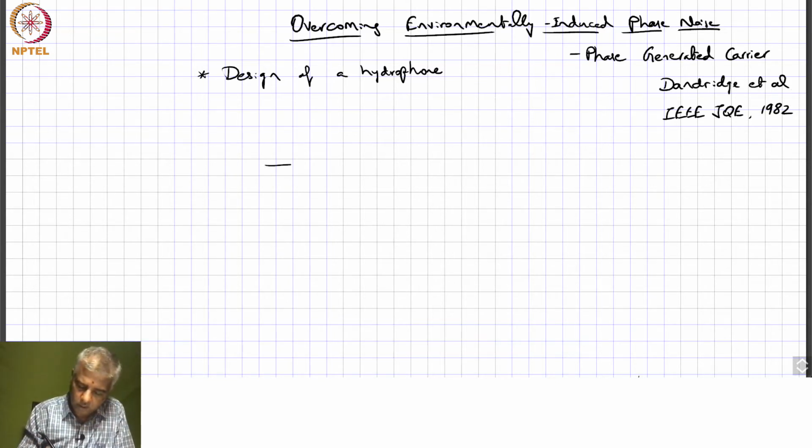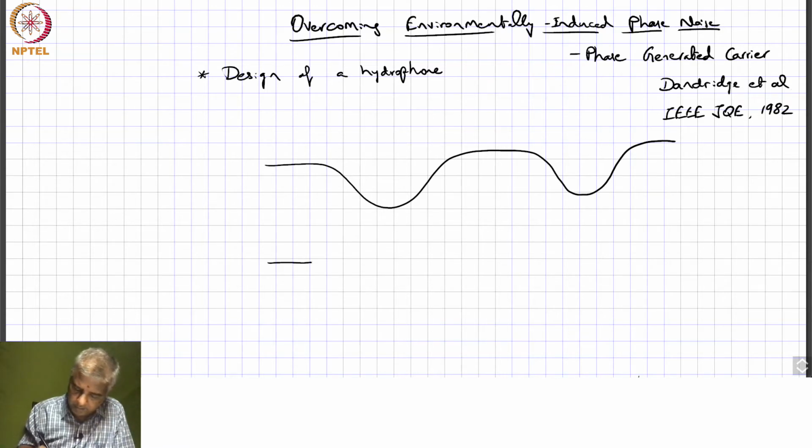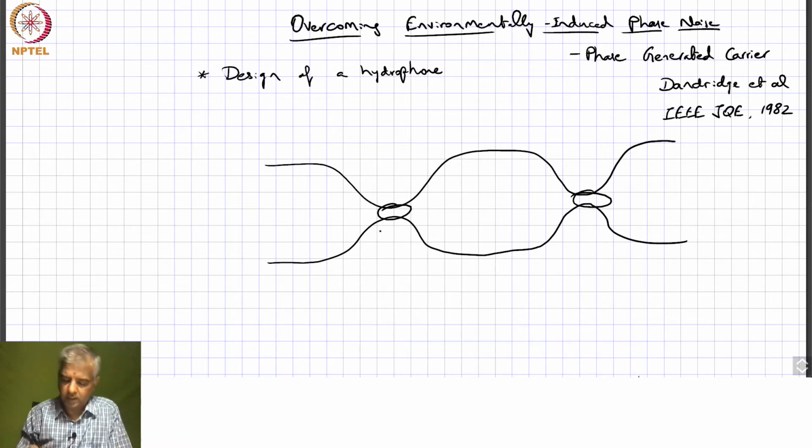Well, you have basically two couplers that are cascaded, one coupler here and another coupler here. Let's say this is once again a 50-50 coupler, and this is also a 50-50 coupler. So whatever light intensity arrives at this point is split in equal parts to the upper arm and the lower arm.